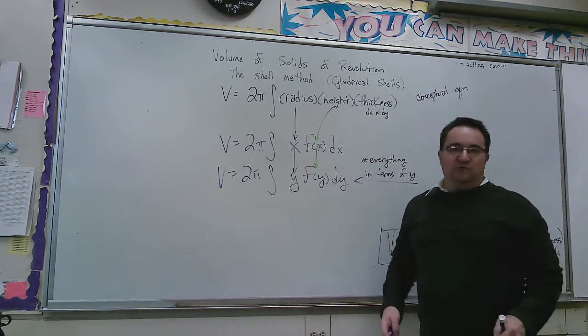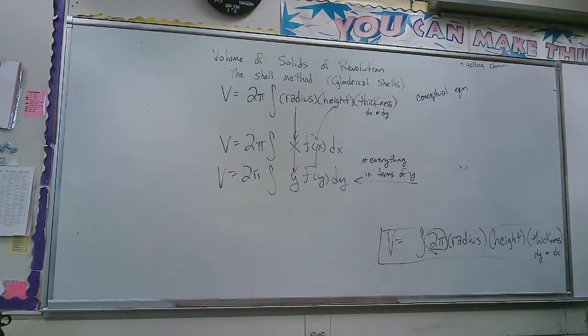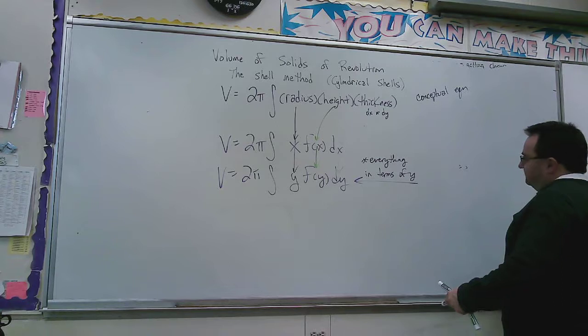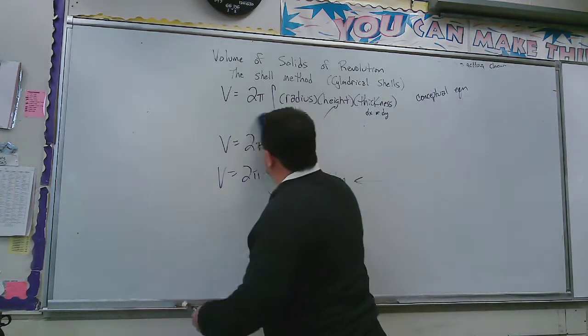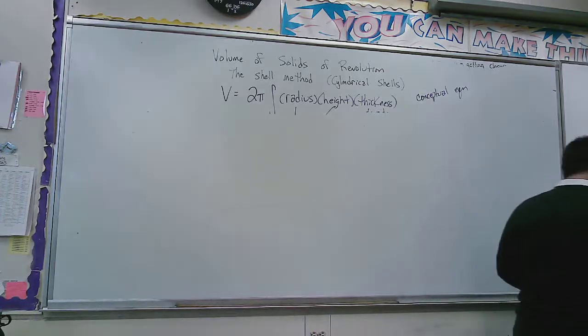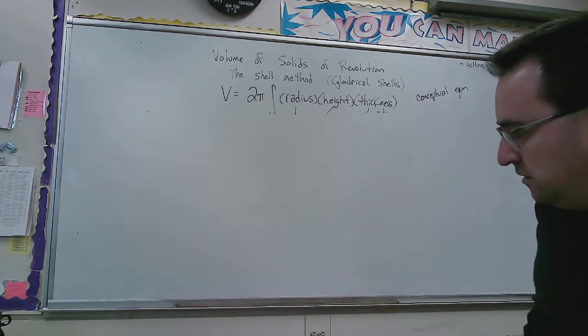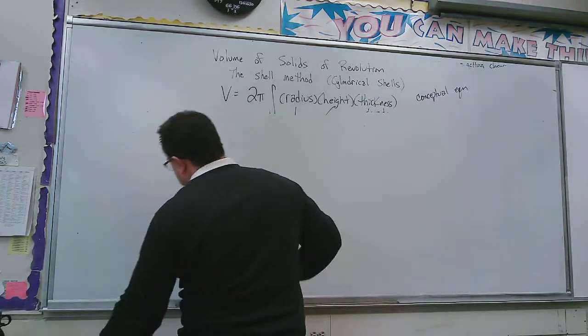Okay, so how would I do an actual problem? So I'm going to erase this, and we're going to do our first problem. This is going to be pretty standard. So let's try this one first.